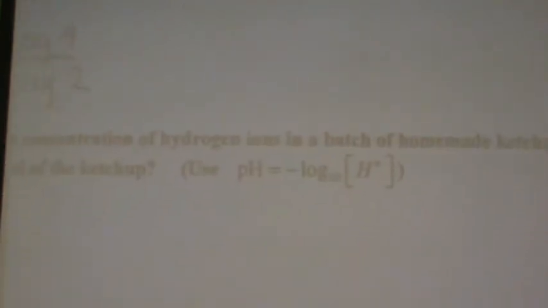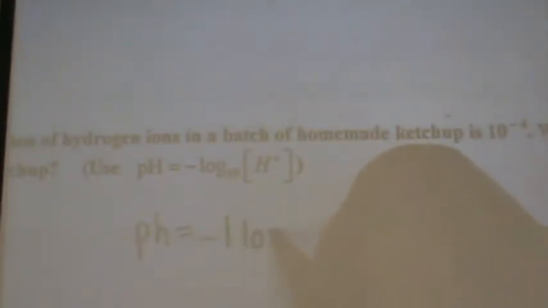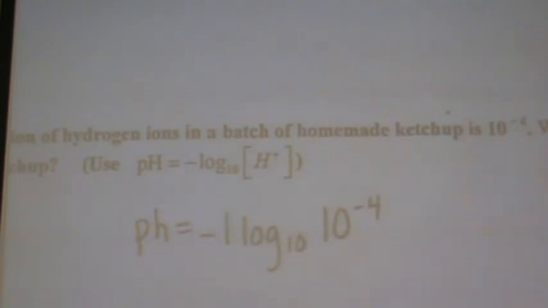And the last one. It says the concentration of hydrogen ions in a batch of homemade ketchup is 10 to the negative 4th power. What is the pH level of the ketchup? So you have pH equals -1 times the log, it's base 10, and you've got 10 to the negative 4th power.